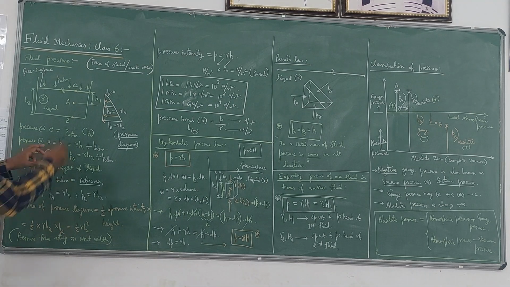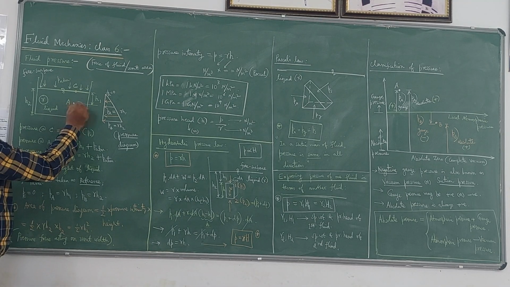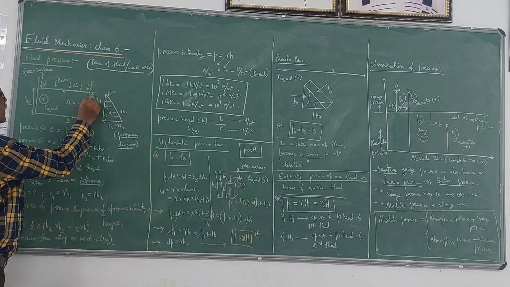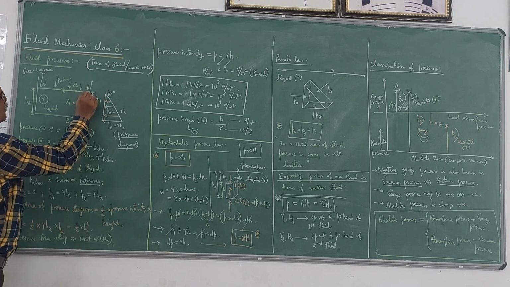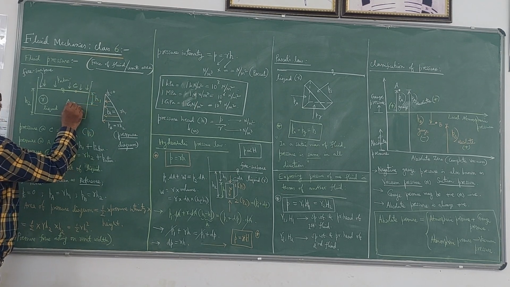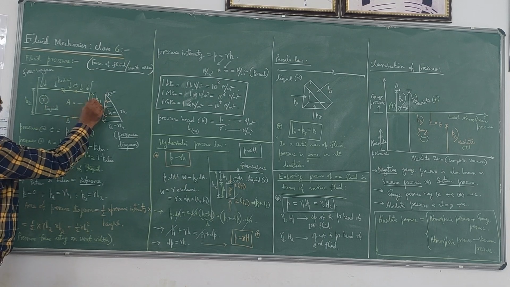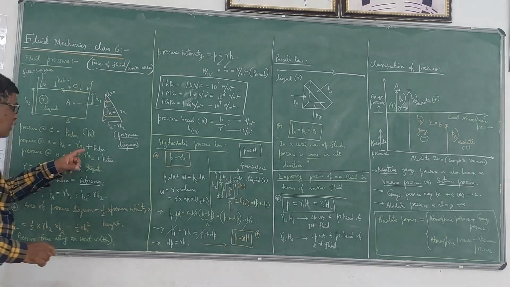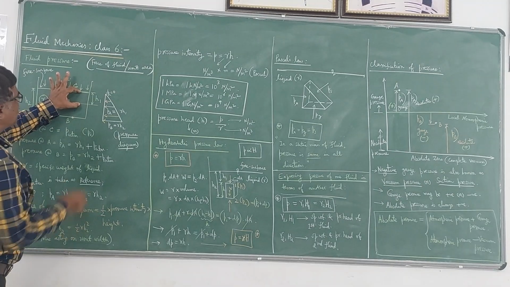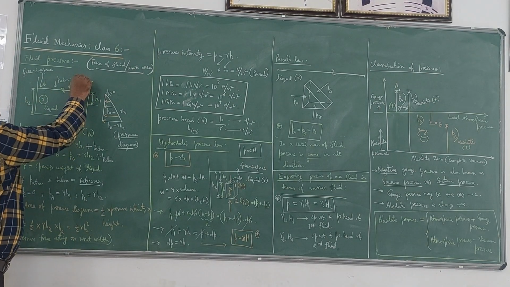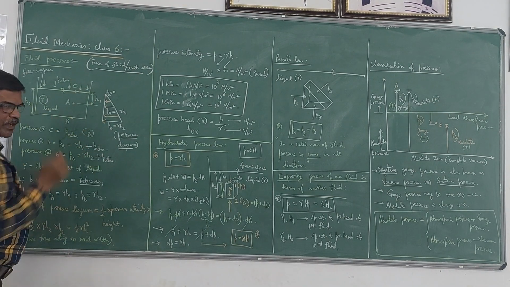Then pressure at A: if this point A is at a depth of h1 from the free surface, then pressure at A will be gamma into h1, from here to here, and we have to add atmospheric pressure to that, so plus P atmospheric.